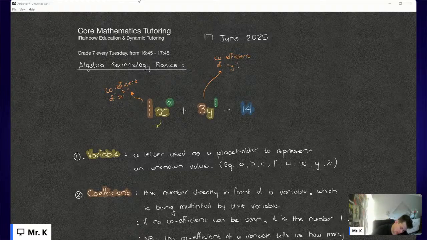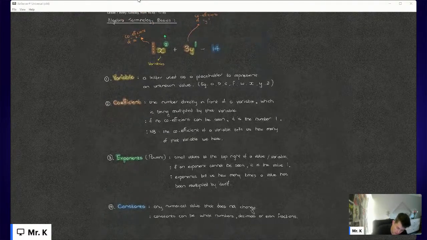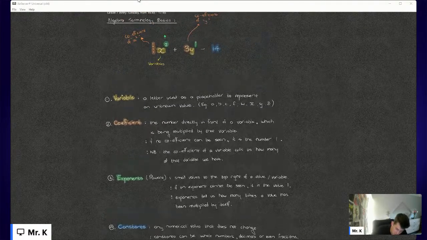We know that the yellow represents our variables. This 2 over here, we know is called an exponent or a power. Sorry, guys, I just want to make a little bit more space very quickly.